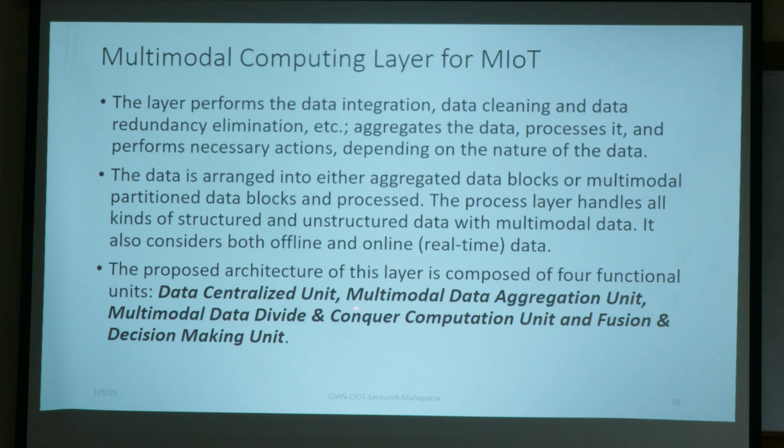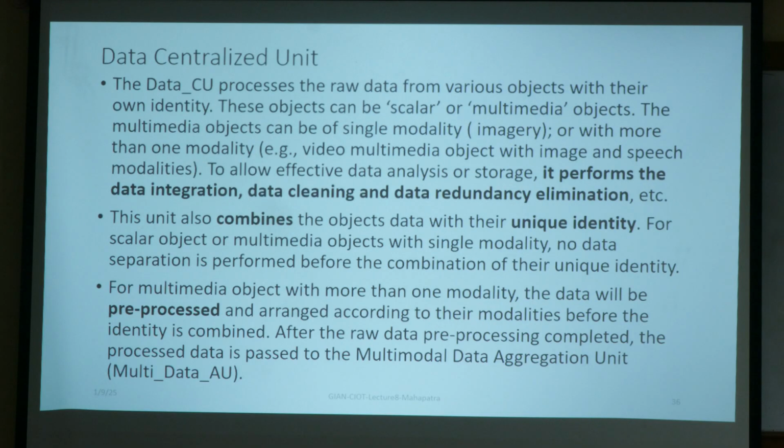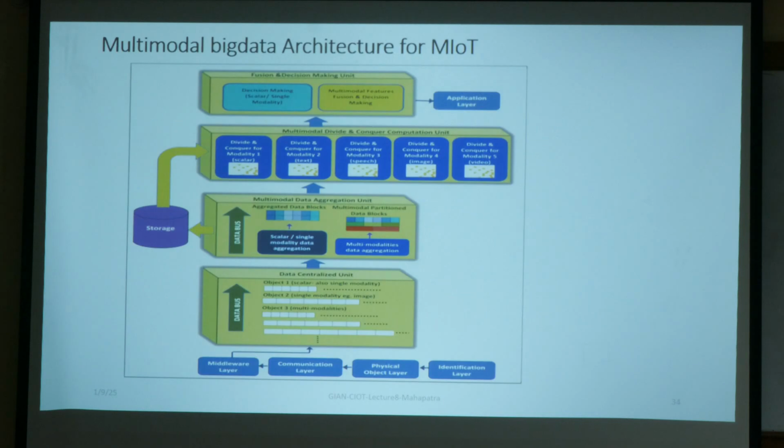We'll take each of them and see how they coordinate with each other and what happens in each case. First, the data centralized unit. Let's go to the picture and take a good look at it.